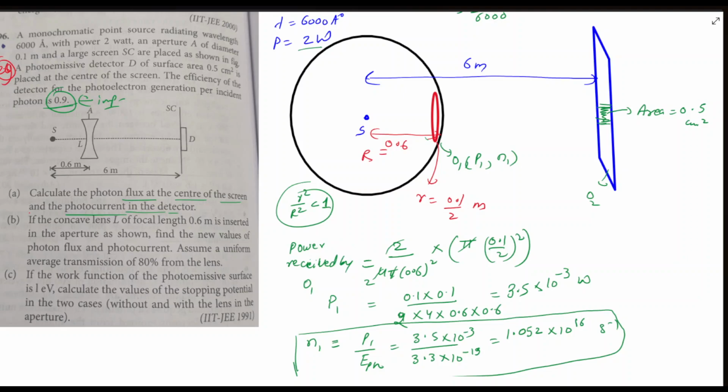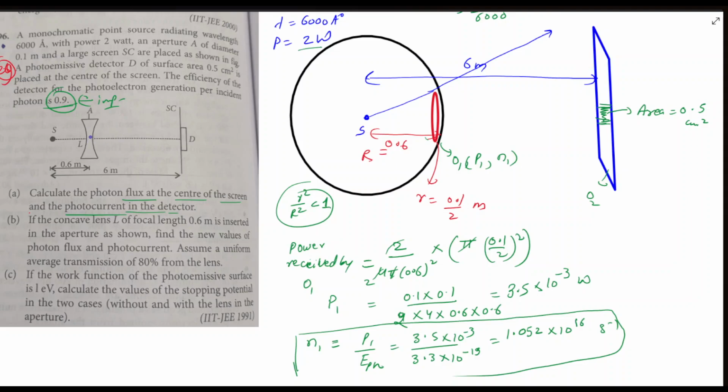Now the photons will go onto this surface area, and they will go from here, because the others will move like this, so they will not be able to reach here. Are you getting it?